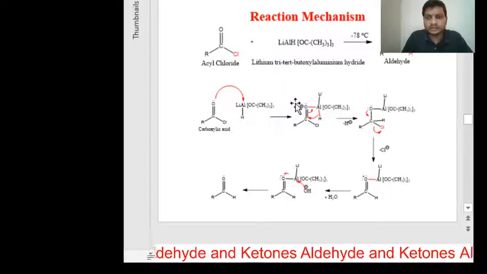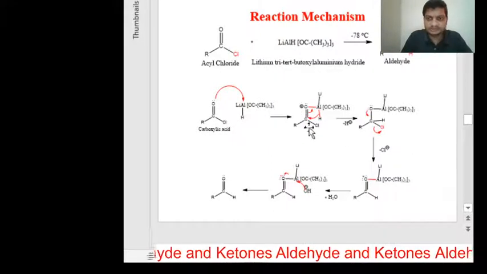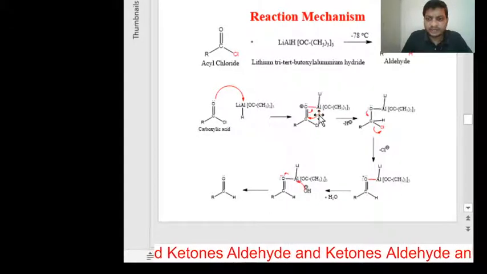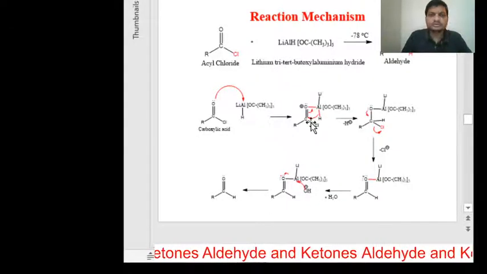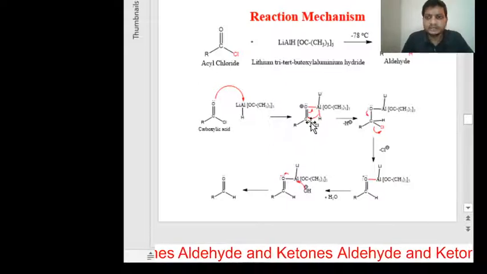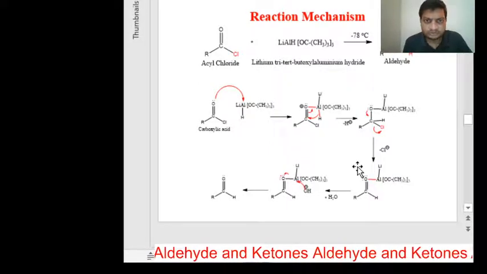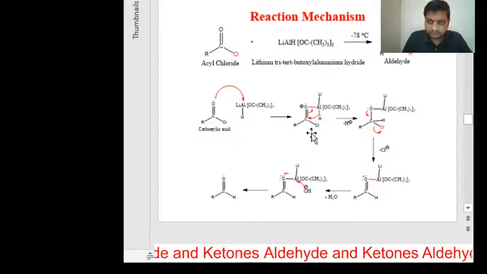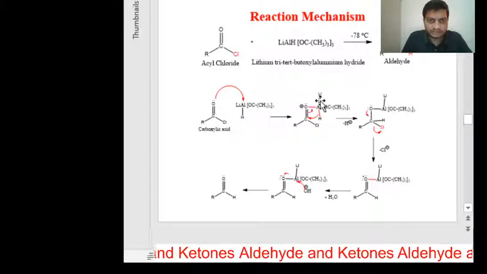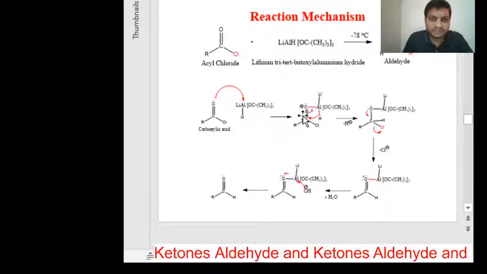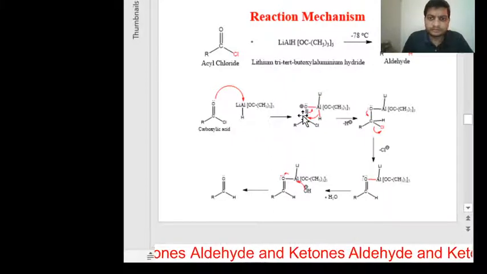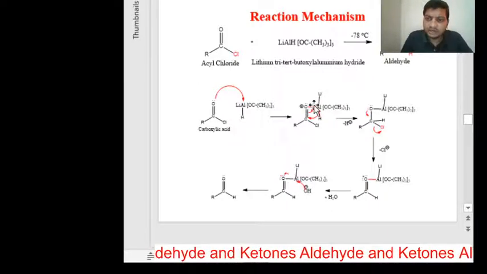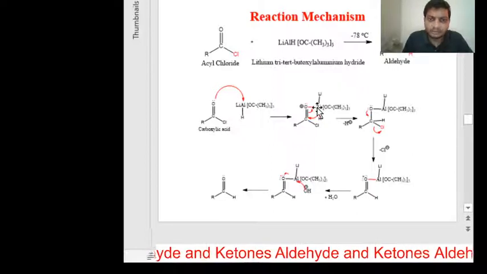So here, in order to stabilize the complex formed, there is a transfer of hydride. Now we will see what is meant by hydride. As the aluminum is electron rich now because the oxygen has given a lone pair to the aluminum, this aluminum has more electrons.